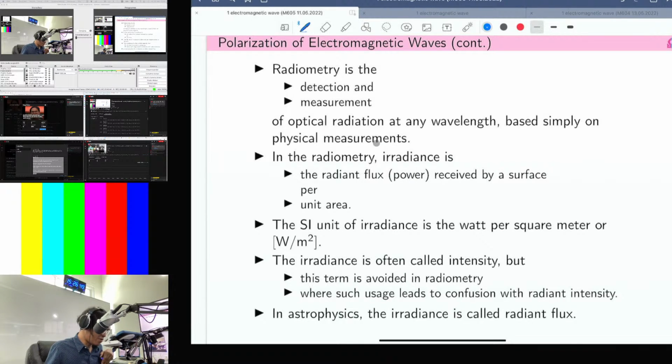In radiometry, in that society, people use the word which is called irradiance.